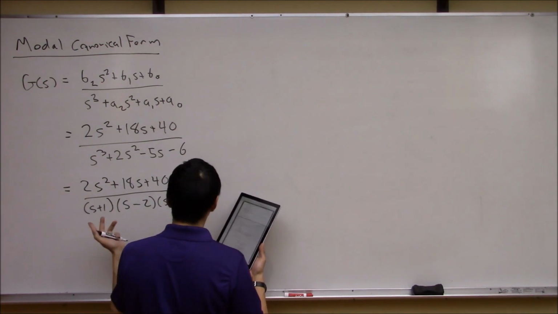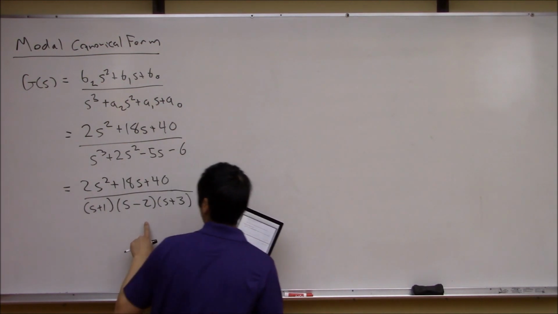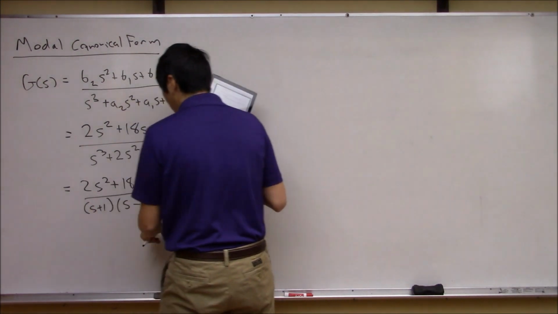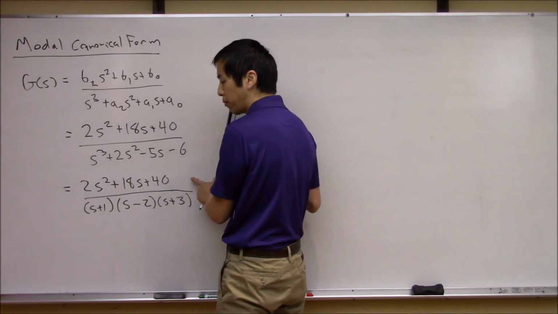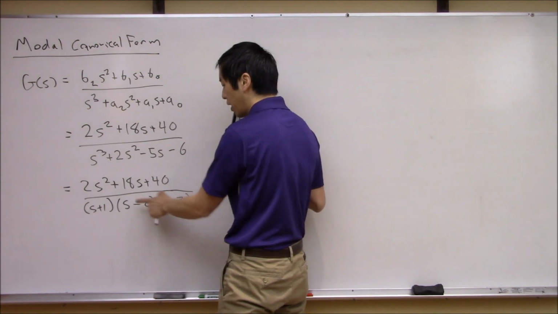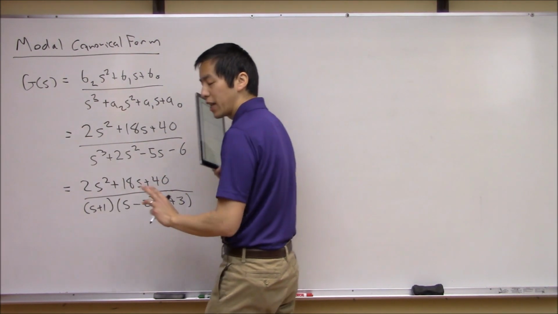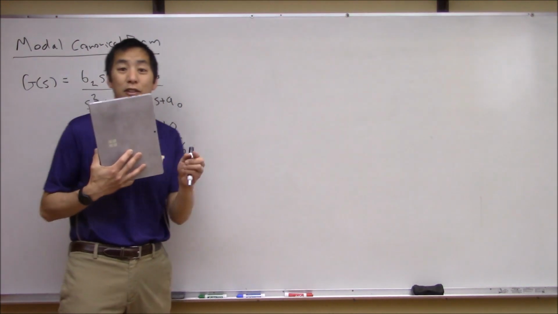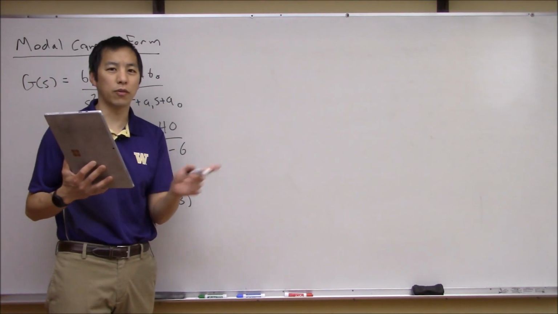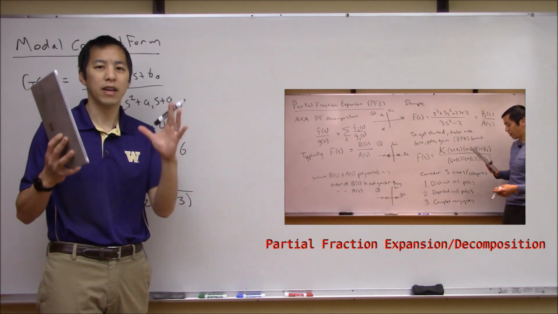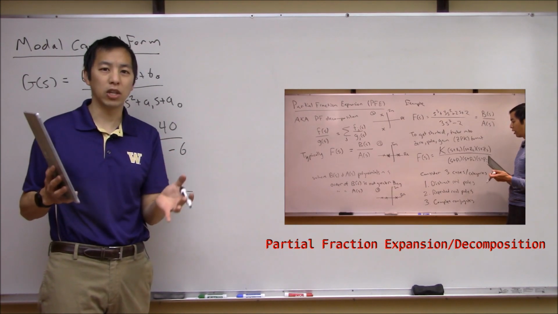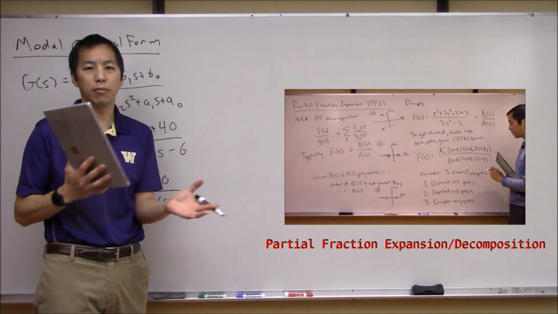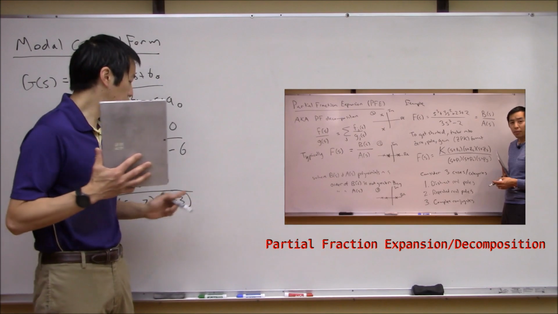Okay, so now what I want to do is let's actually perform a partial fraction expansion or decomposition on this transfer function. And again, here's yet another video that you should have watched already, where we discussed how to do partial fraction expansion on a complex polynomial. So let's do that.